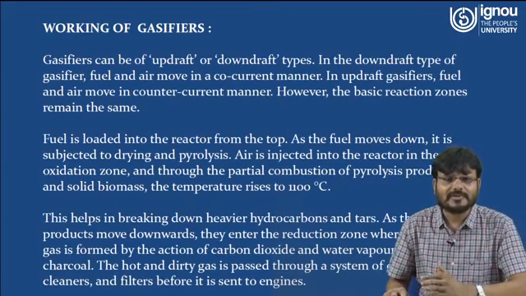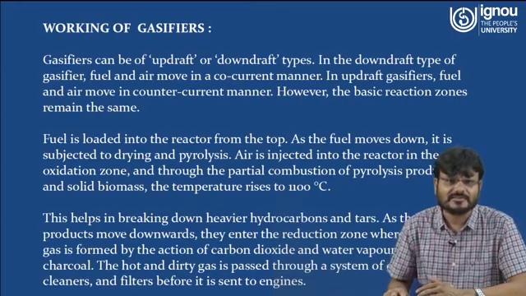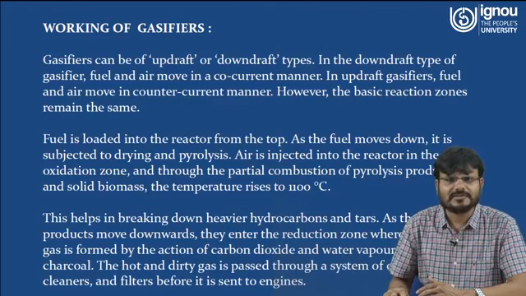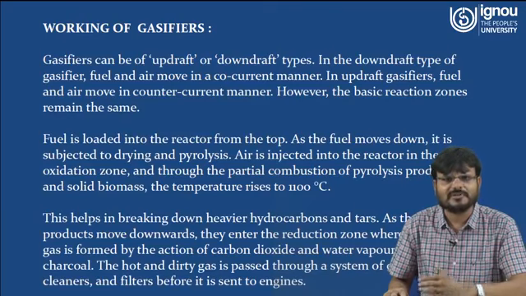Now we have to understand how the gasifier works. The gasifier can be of updraft or downdraft types. In the downdraft type of gasifier, fuel and air move in a co-current manner. In an updraft gasifier, fuel and air move in a counter-current manner. However, the basic reaction zones remain the same.